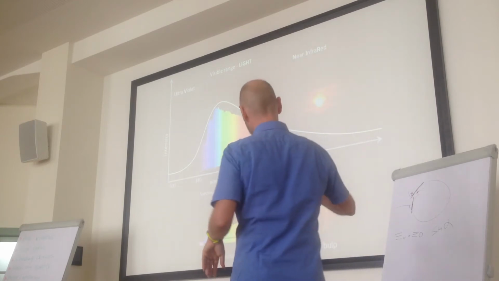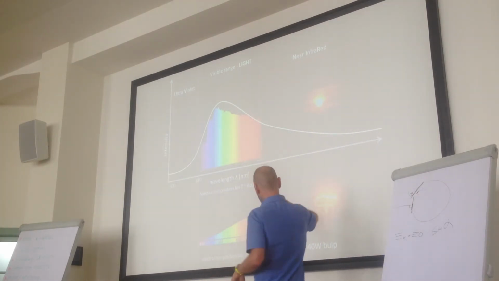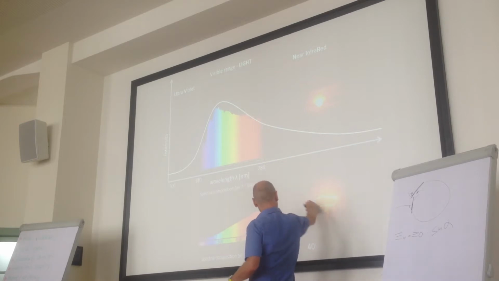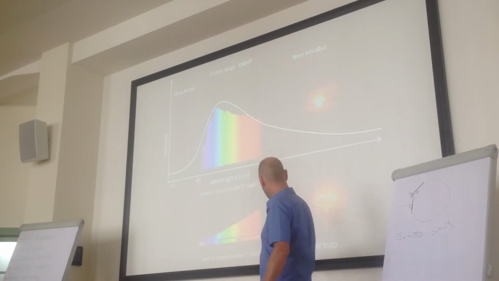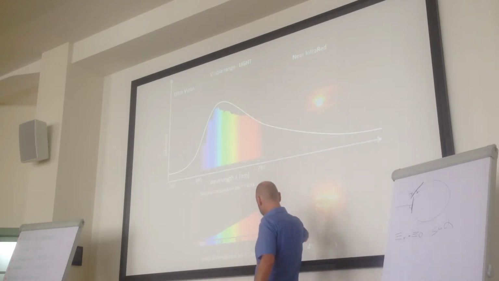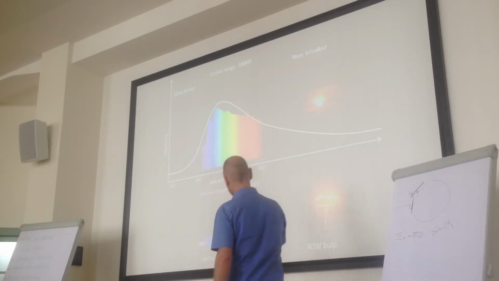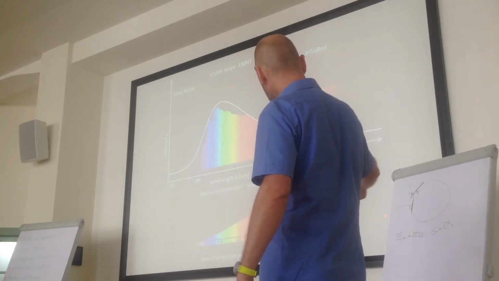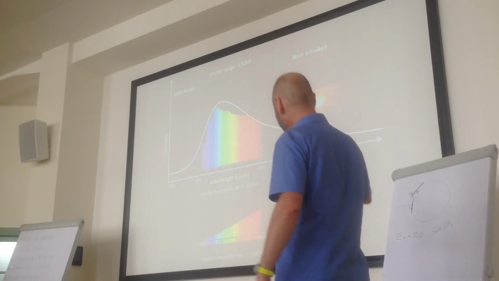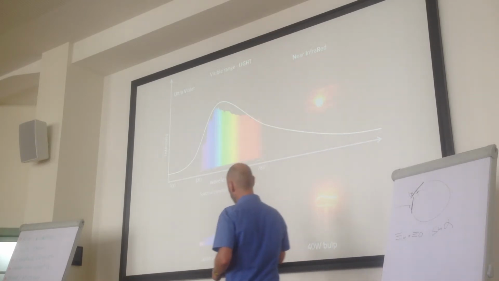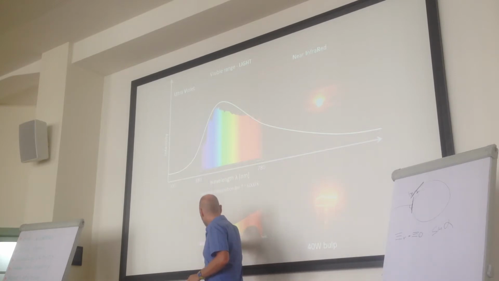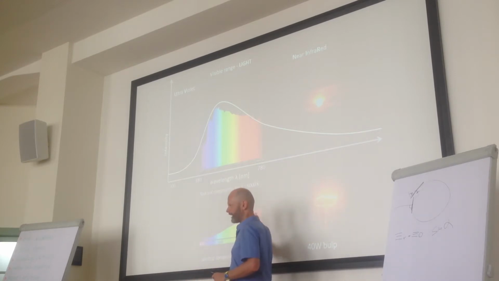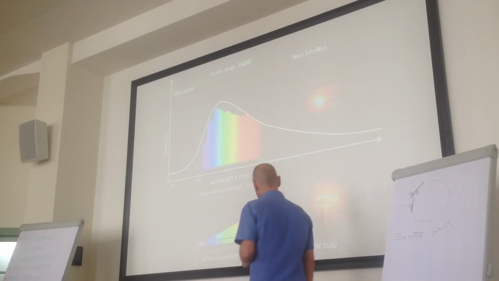If we now take the radiation composition of a 40-watt bulb, where the wire of the bulb has a surface temperature of 2,680 Kelvin, we get a spectral composition like this. So again, we have every wavelength of the visible spectrum represented here, most of them in the reddish section.